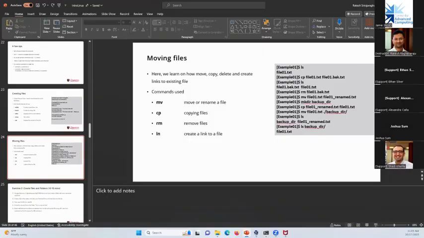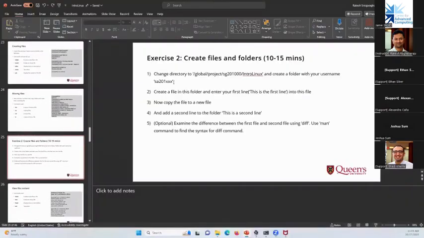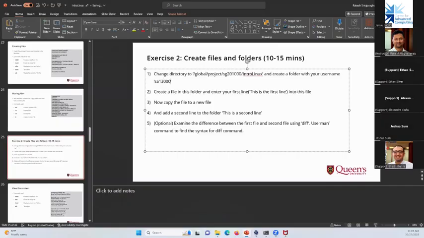That takes me to the next exercise that we have. I think you have already created this. I want to change to the folder and create a directory called SA1300XXX. This is already done.